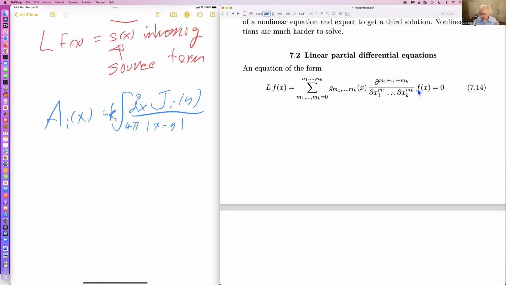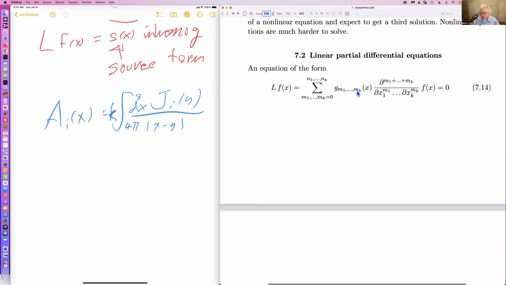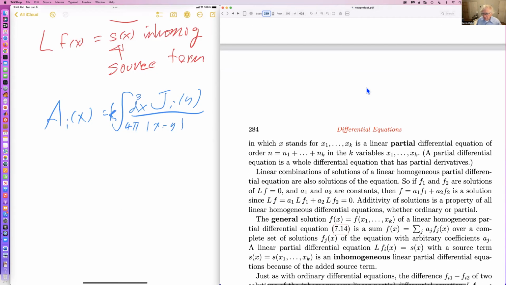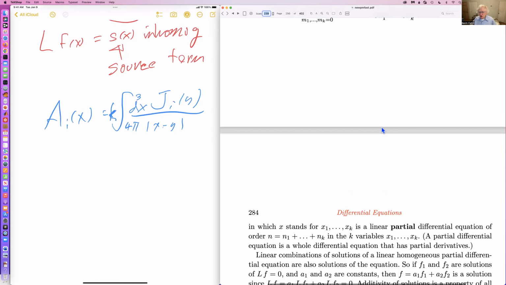Everything is linear in F. It's linear because F occurs to the first power, not the 0th power, which would make it inhomogeneous, and not the second or third power, which would make it nonlinear, and not non-algebraically, which would make it a nightmare. But you can have arbitrary derivatives here, and the coefficients need not be constants, they can be arbitrary functions of x.